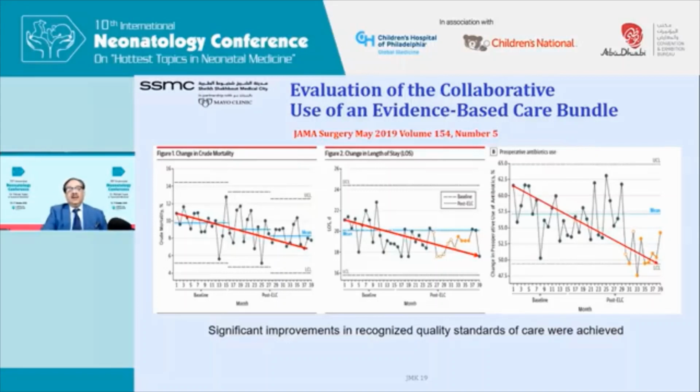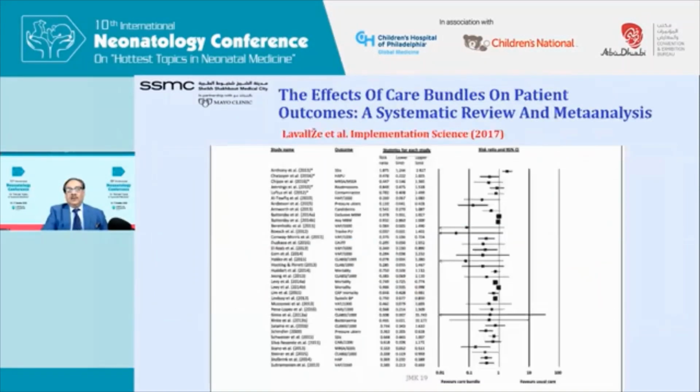So significant improvement in recognized quality standards of care was achieved by using evidence-based care bundles. So it is really very evident now that if you are compliant with your bundles, you can have a very good outcome.